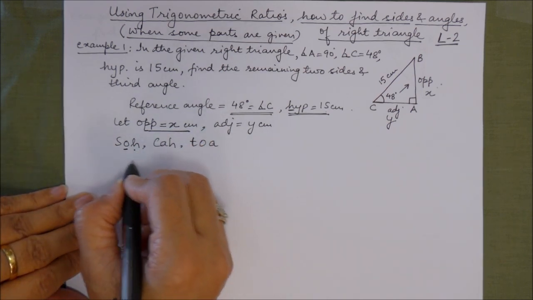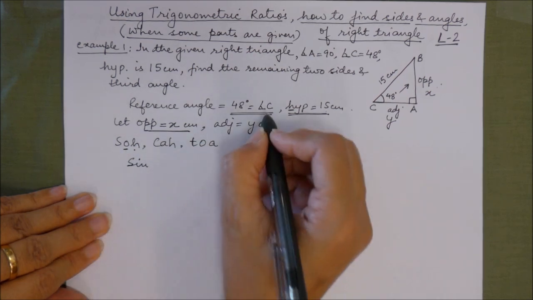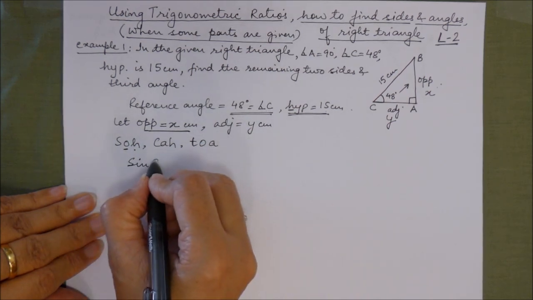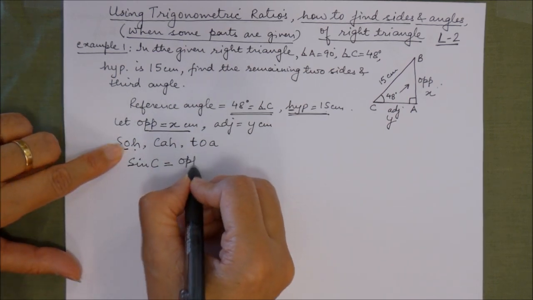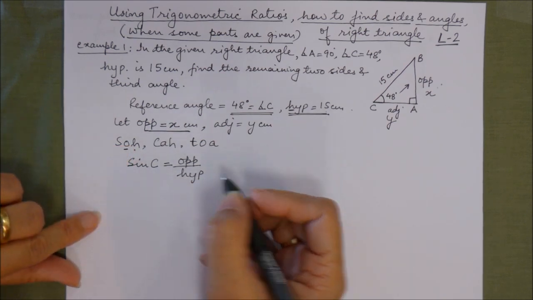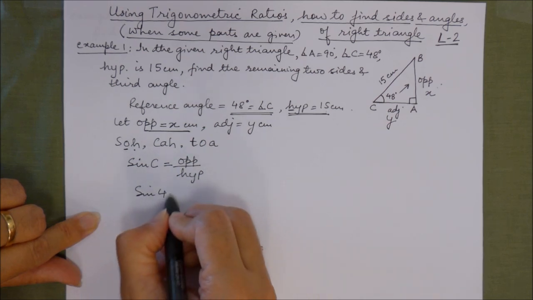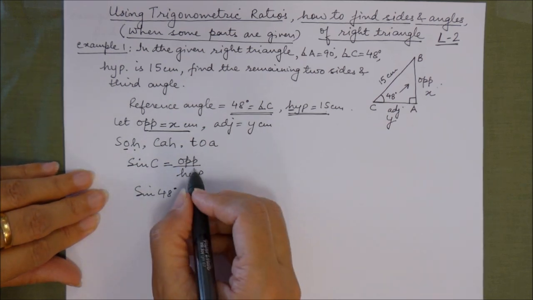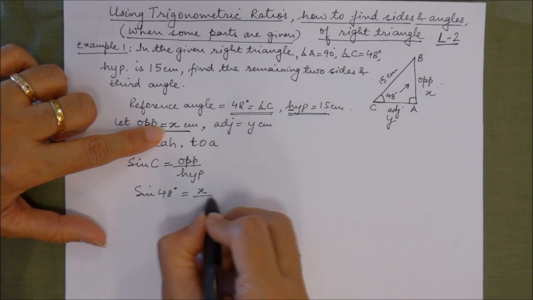Using this SOH, we write sine of the reference angle C equals O over H, opposite over hypotenuse.